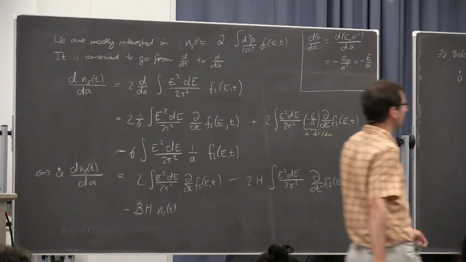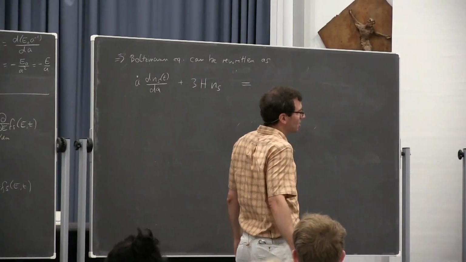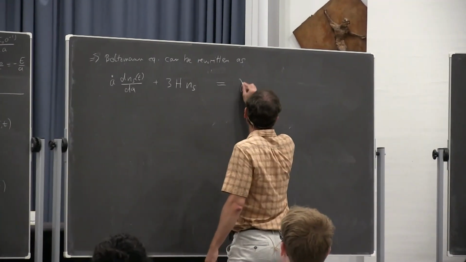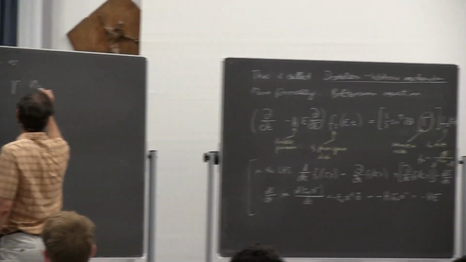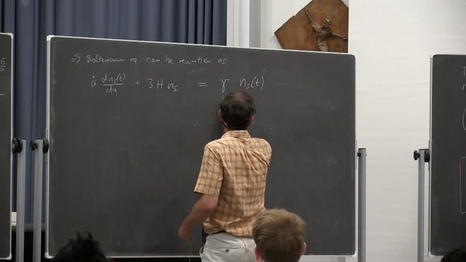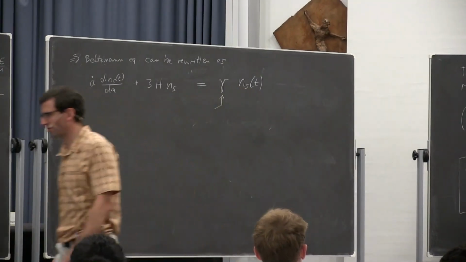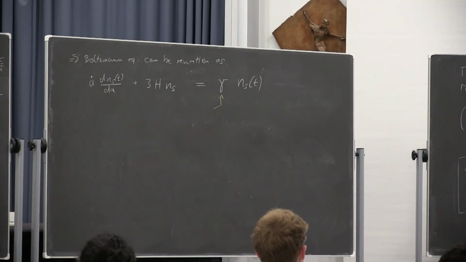And the right-hand side, well, on the right-hand side, I essentially get an integral. So I'm going to absorb this into a new definition. I'm going to call this little gamma, where little gamma is now given by, let me make sure I get the prefactors correct, but it's basically the momentum integral over the collision term here.